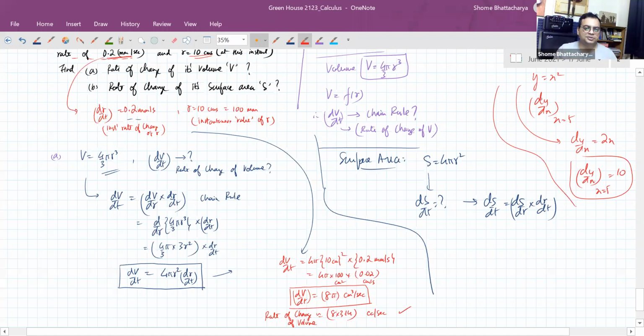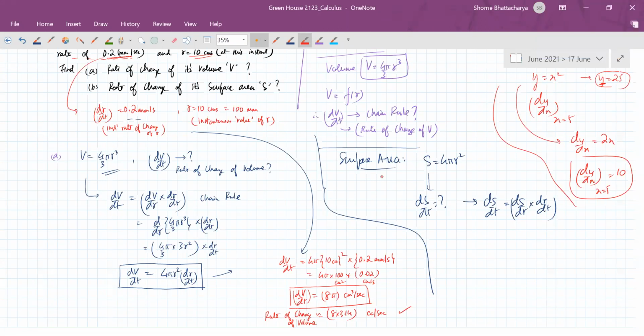If you first substitute x as 5, then you're getting y as 25. But that's not a function anymore. It's the value of y for a particular value of x. So differentiating this will not help, because it's no longer a function. You're understanding the point, no?